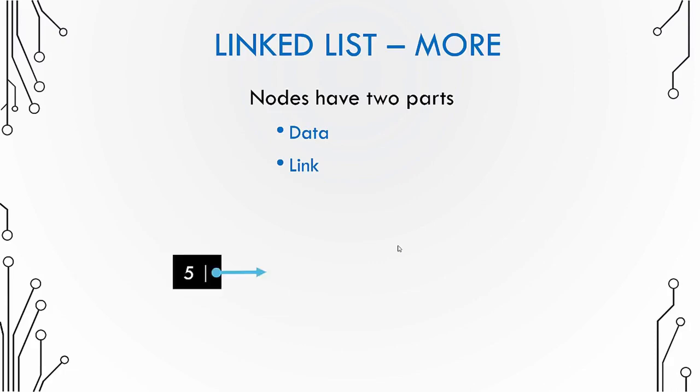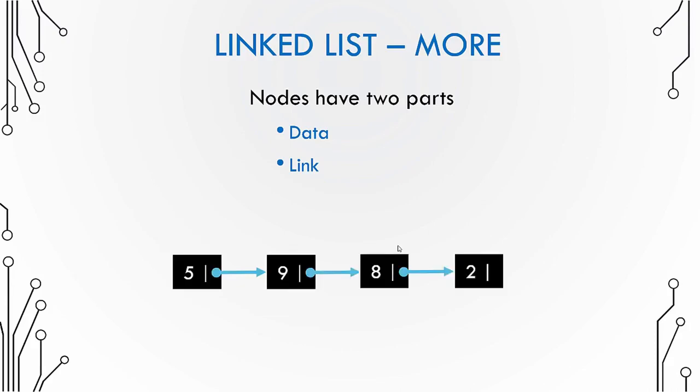So we have a node which has data and a link. Now the link points to the next node, which again has data and the link to the next node, and so on. Now you might be wondering, what does the last node point to? Well, the last node points to nothing because there's no node after that.